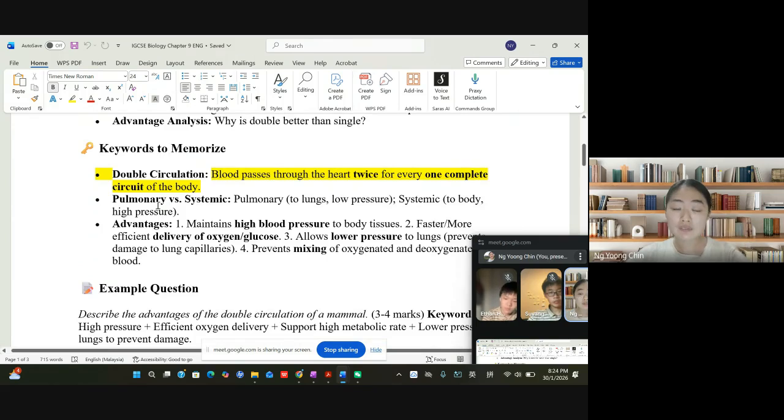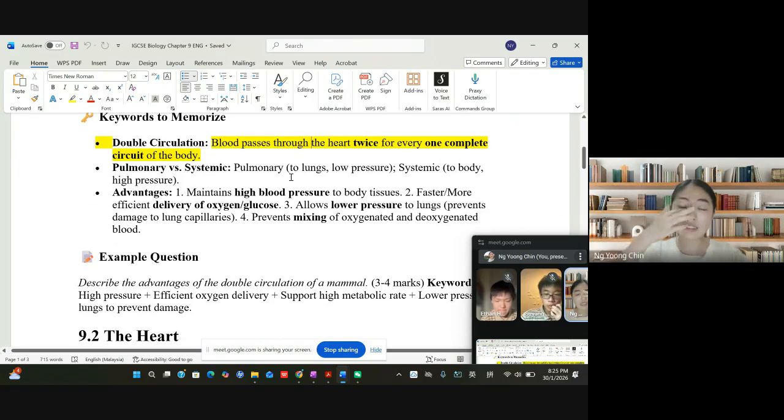For example, you need to memorize what is meant by double circulation or single circulation. This is the definition: the blood passes through the heart twice for every one complete circuit of the body. Then you can write about the pulmonary and systemic circulations.